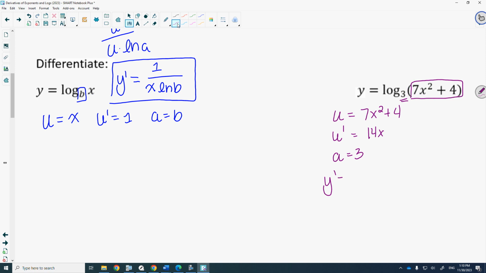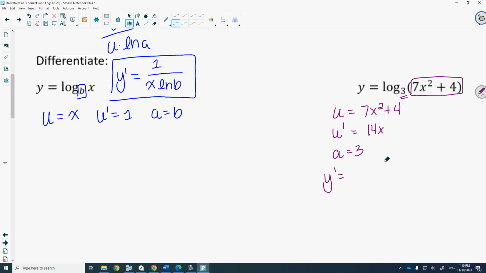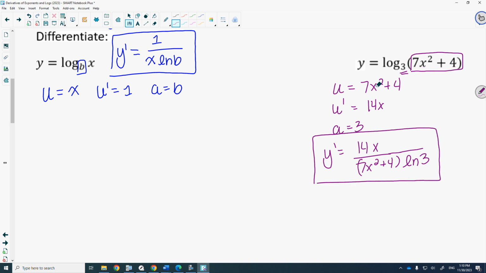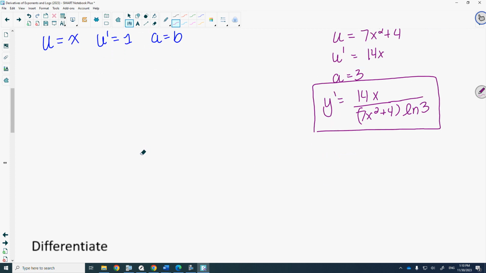So y prime is going to be equal to u prime over u, so 14x over 7x squared plus 4, multiplied by the natural log of the base, and the natural log of the base would be 3, and that would be the derivative. I'm going to give you some more examples that I want you to write down.